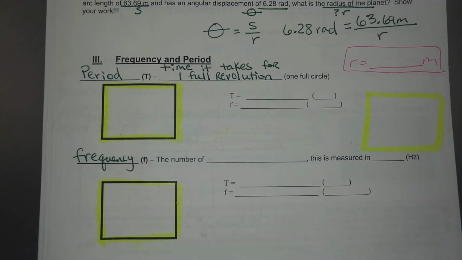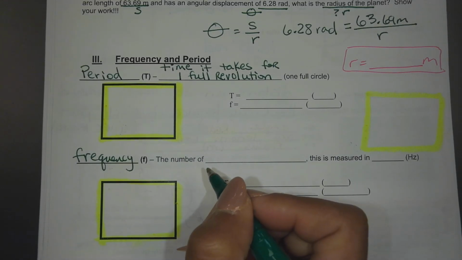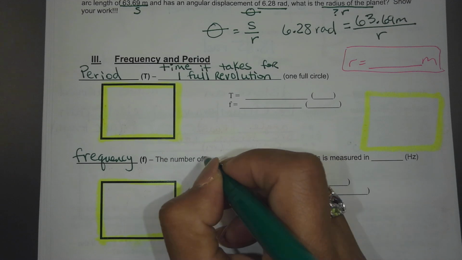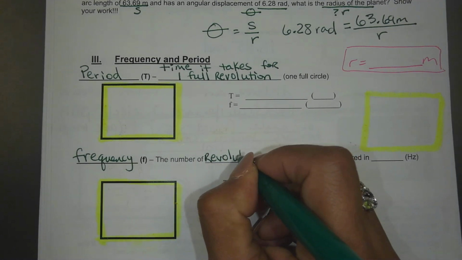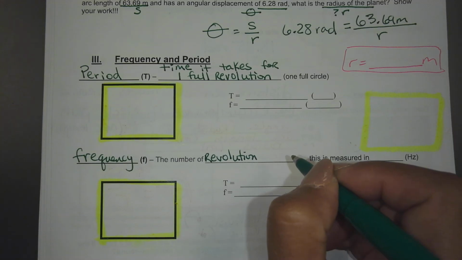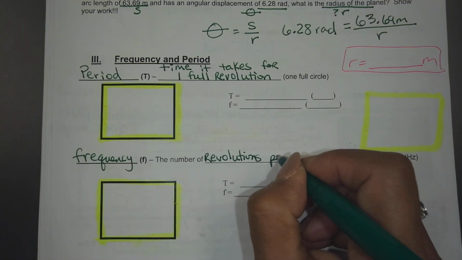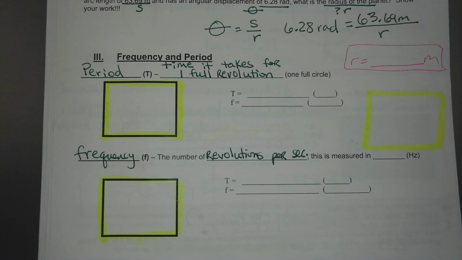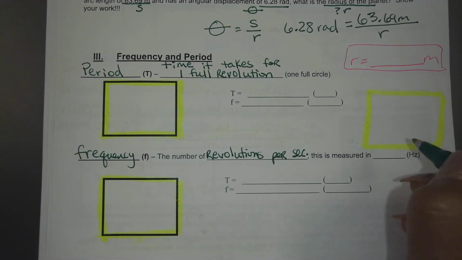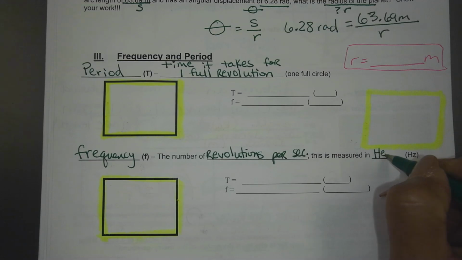One full cycle. Frequency's definition is the number of revolutions or rotations or turns per second. Frequency, how frequent? Now, frequency is measured in hertz.